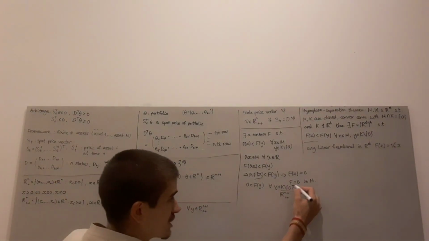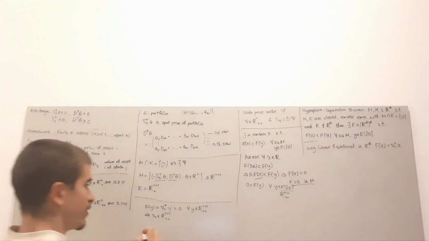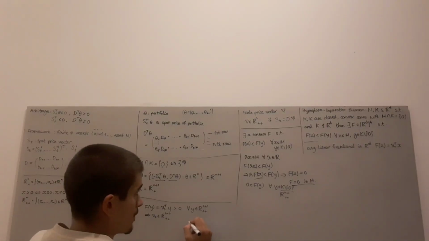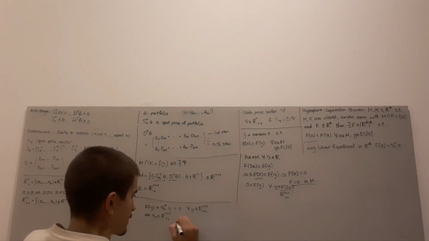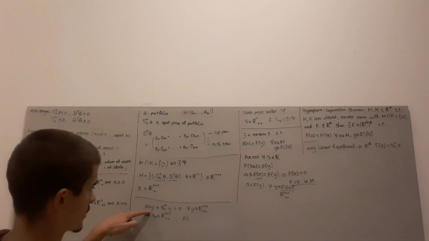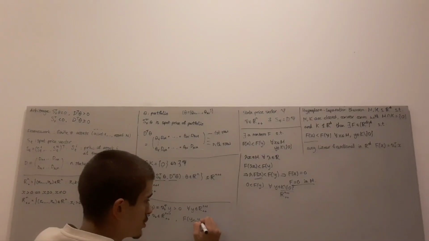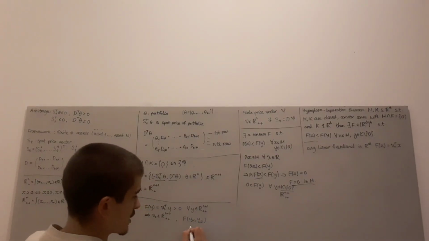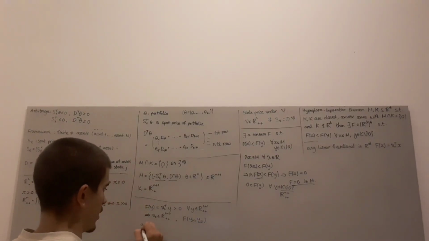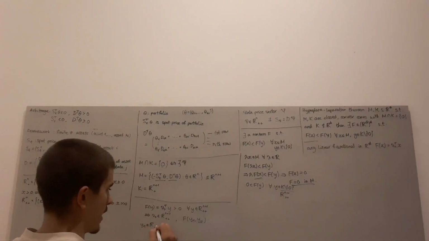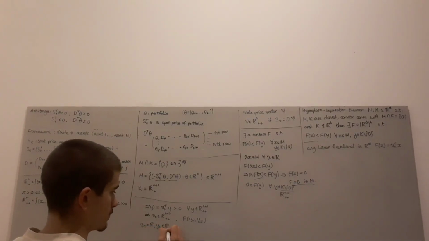But now we also know one other thing. We know that f vanishes in M. And if we express f as the following, if instead of taking just this whole vector, we take, say, y1 and y2, where y1 is in R, and y2 is in R^n.